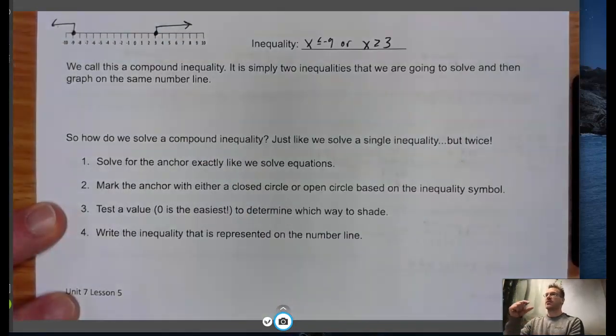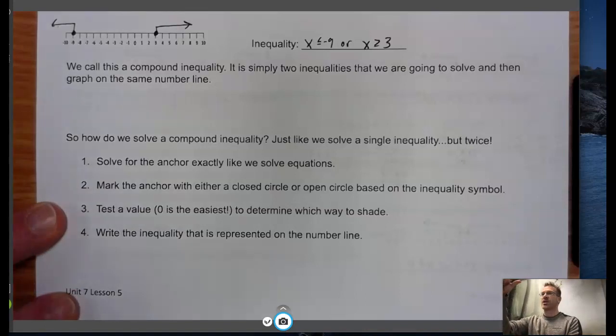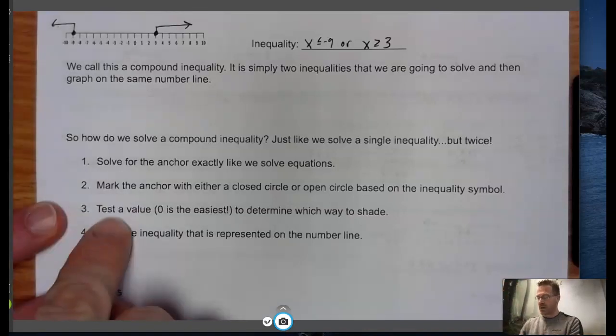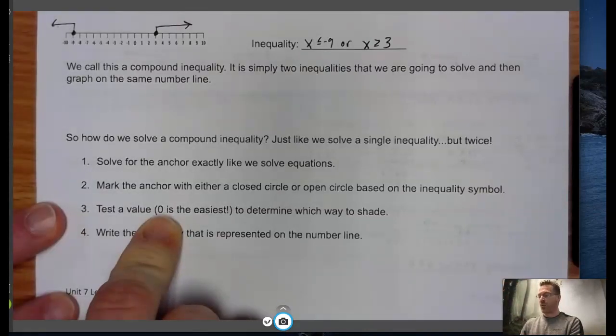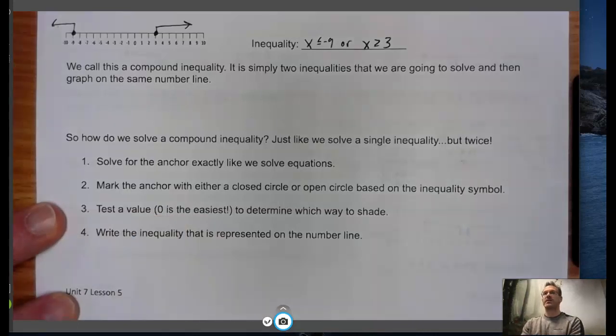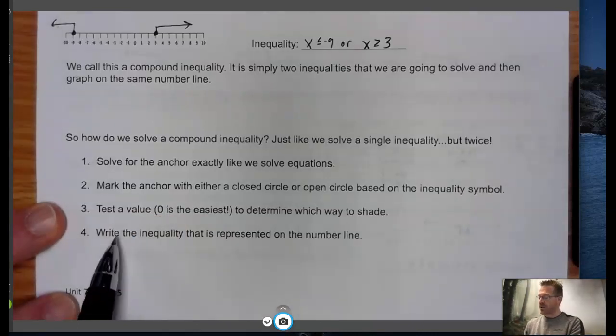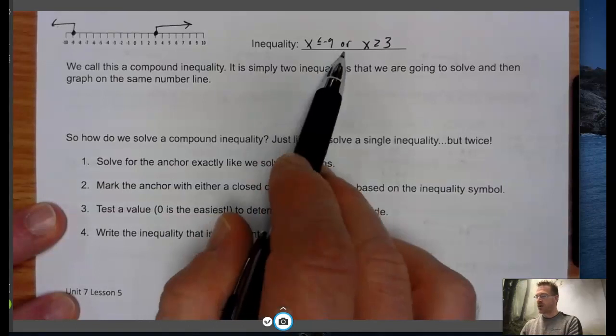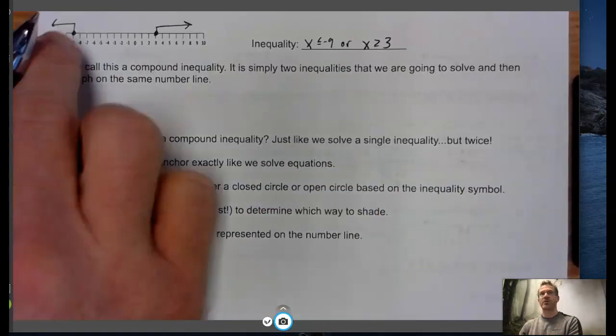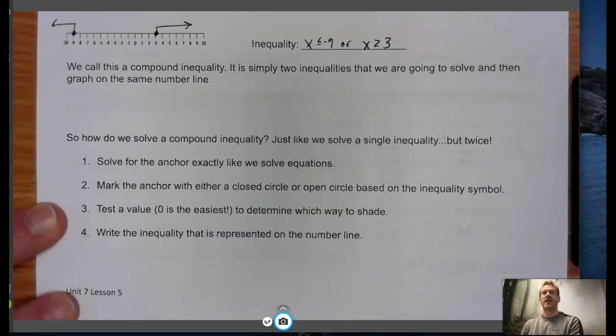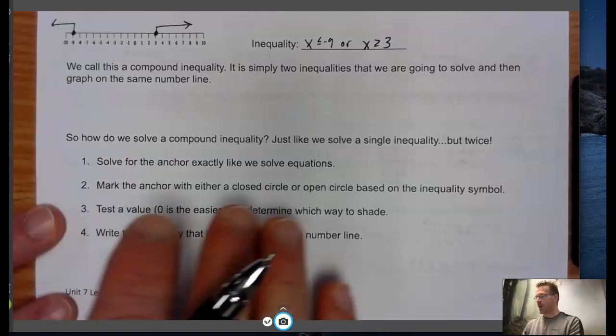We base it on the inequality just like before. Once again, we're going to test to figure out which way to shade, and we just have to do that twice. The difference is when we write our inequality, we're now going to have this OR in between because we're going to have two different inequalities on our number line.